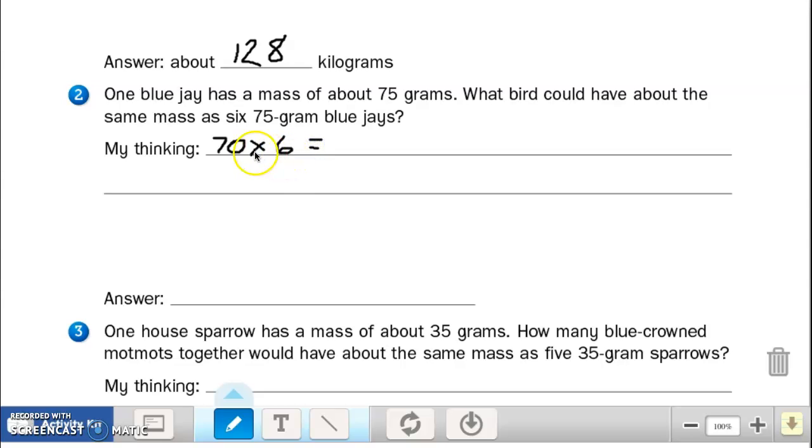Remember when we did extended facts, we said we just look at the main number. So I'm breaking this number right here apart into 70 and 5 to make it easier. So 7 times 6 is 42, and then I'm just going to add a 0 to it.